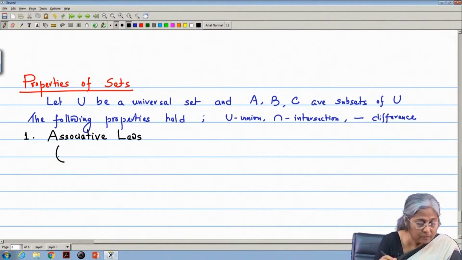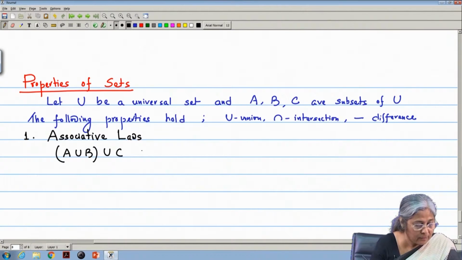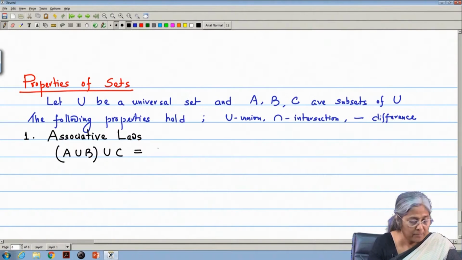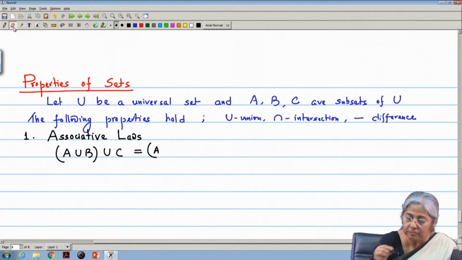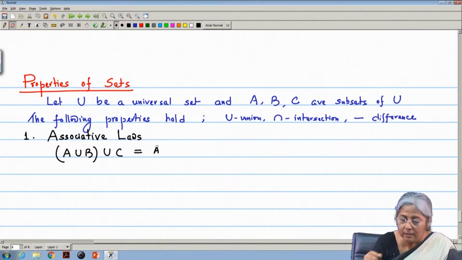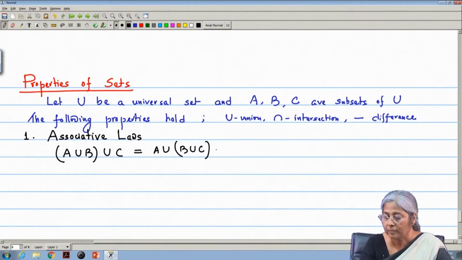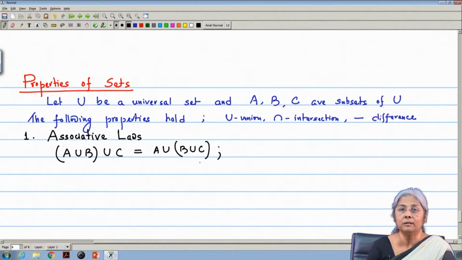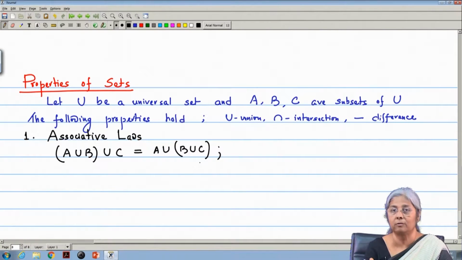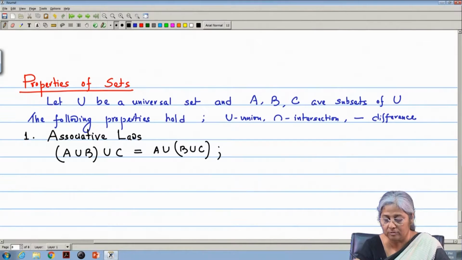We can write, if we take the union of 2, A union B, union C, this is the same as A union, B union C. And for the union operation, whatever law is valid, that is true for intersection also.